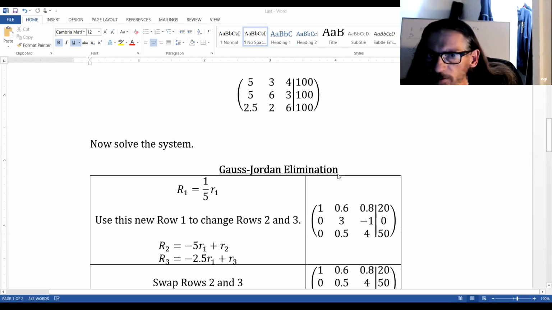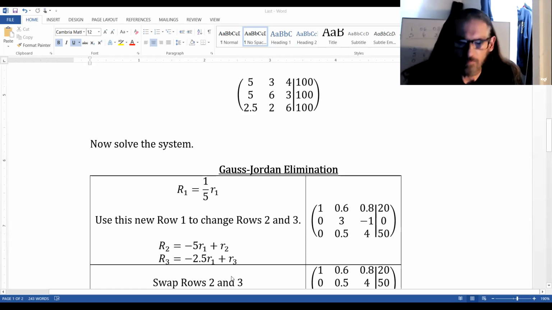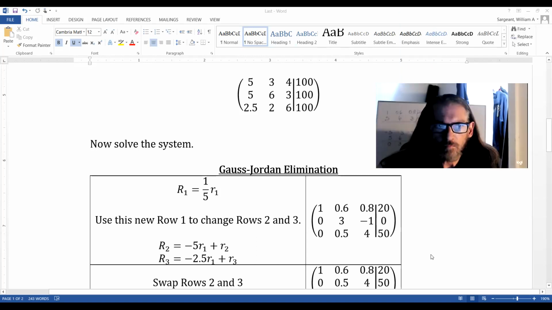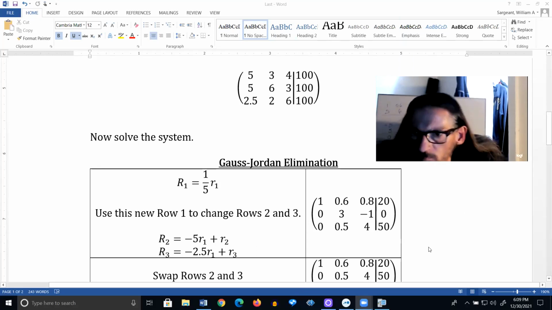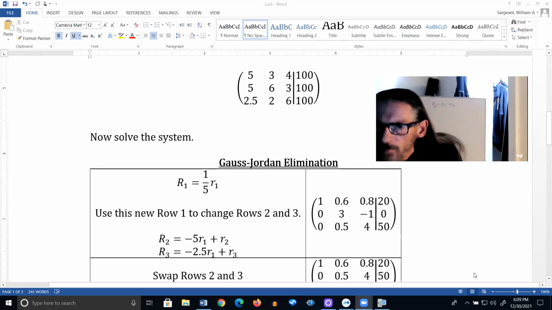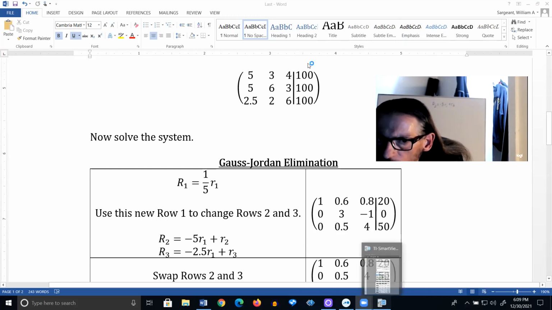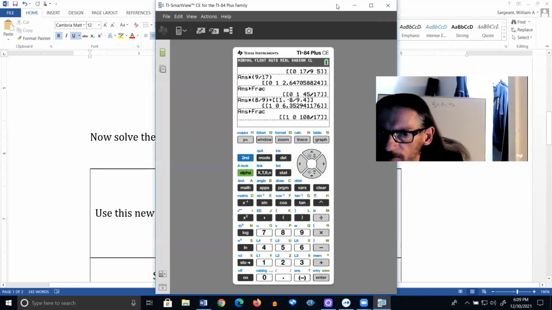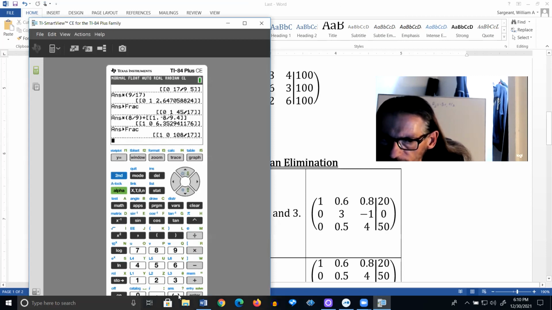Okay, but how would that get entered on the calculator? All right. So we were supposed to take -5 times the new row 1 plus our old row 2. -5, use the negative key, times.